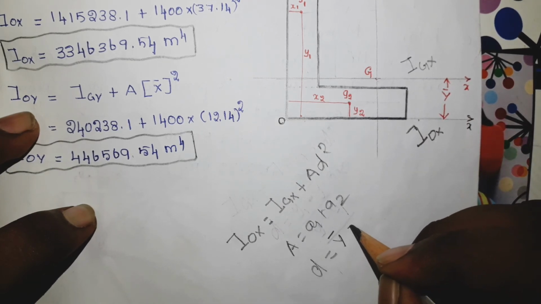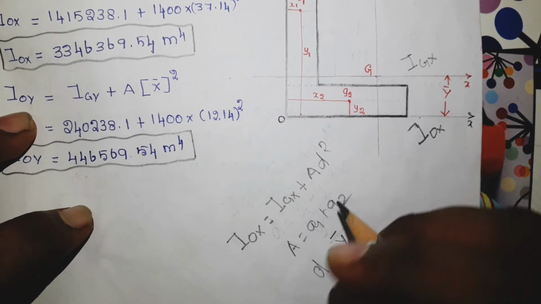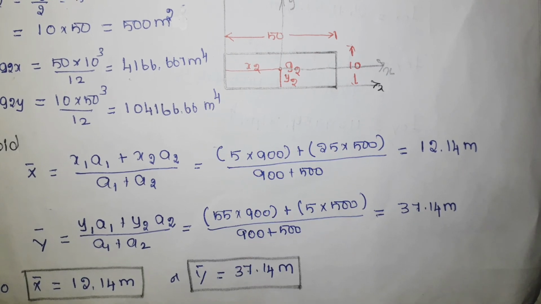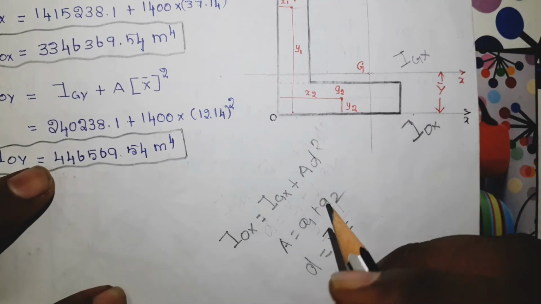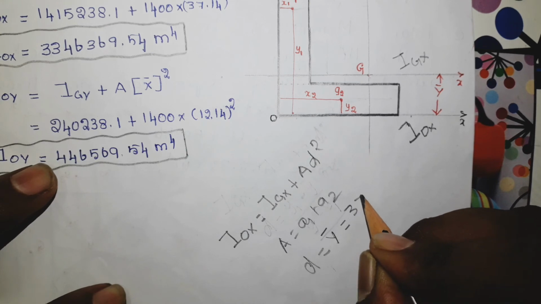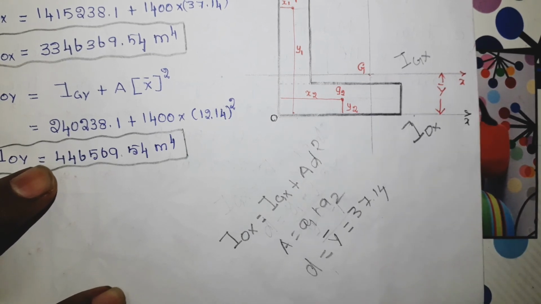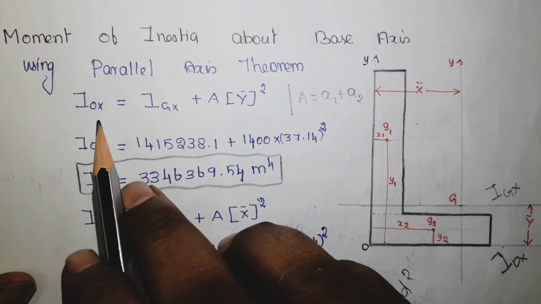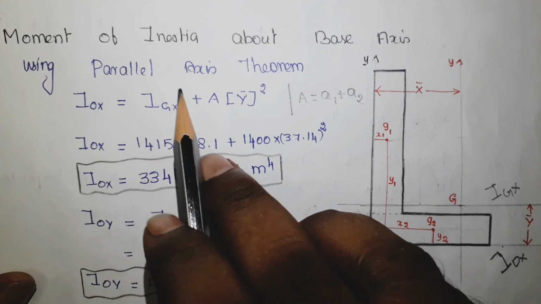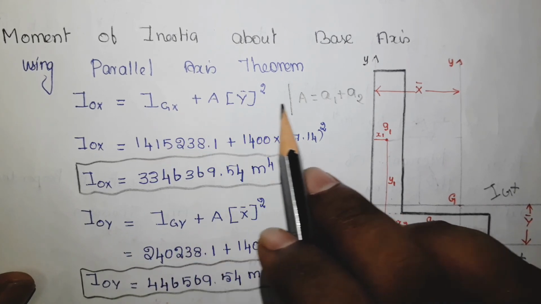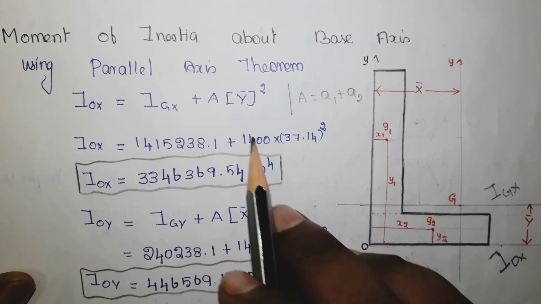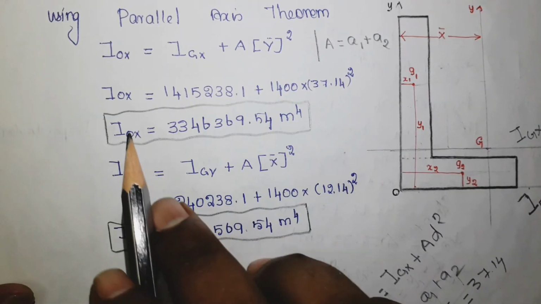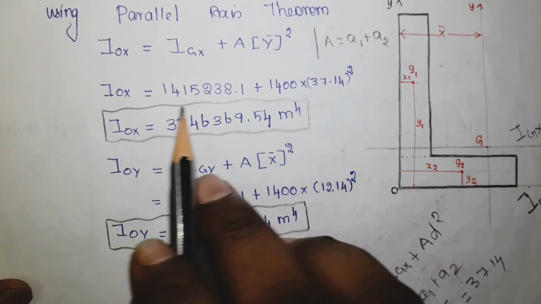We already know y bar is equal to 37.14. So I O x equals I g x plus A times y bar squared, with A equal to A1 plus A2 and y bar equal to 37.14. Substitute all the values and you get the answer like this.